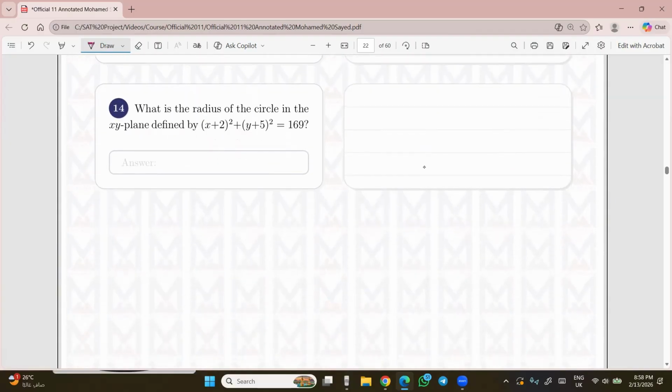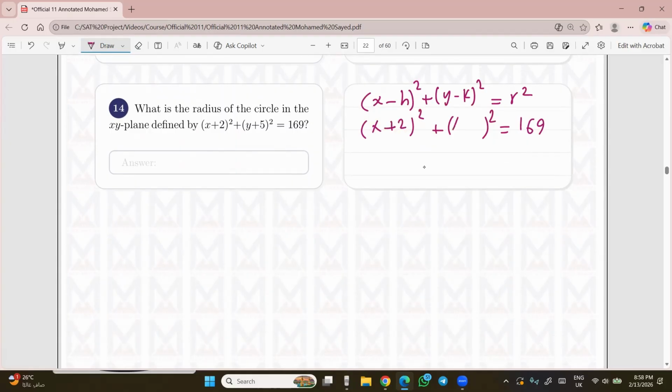Question 14. What is the radius of the circle in this equation? (x minus h) squared plus (y minus k) squared is equal to r squared. We compare it with this given equation: x plus 2, y plus 5.